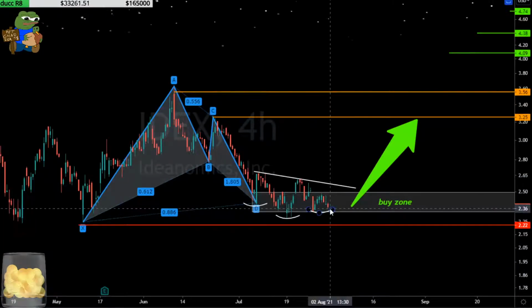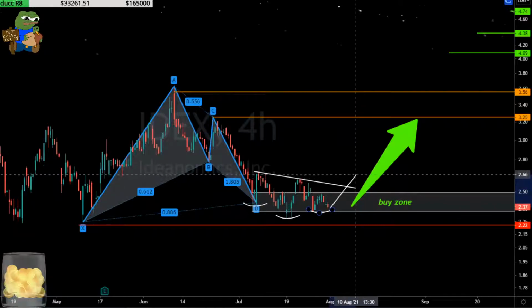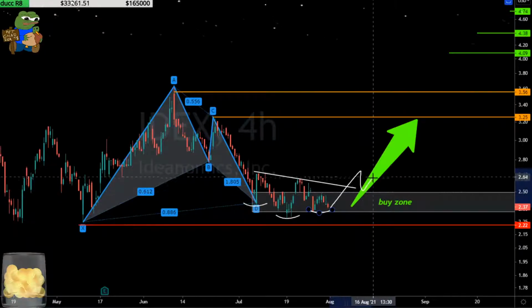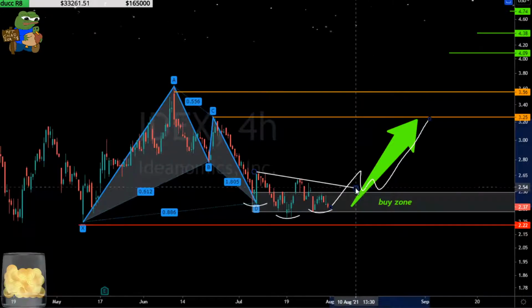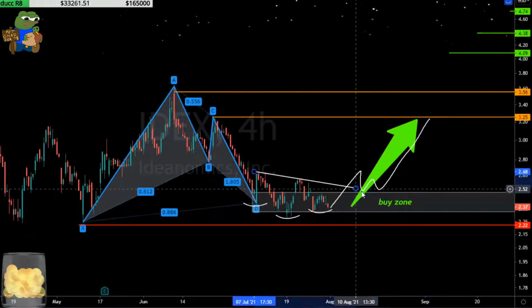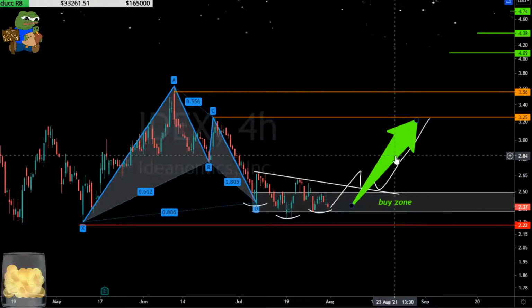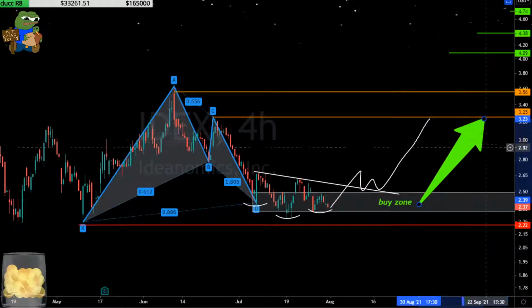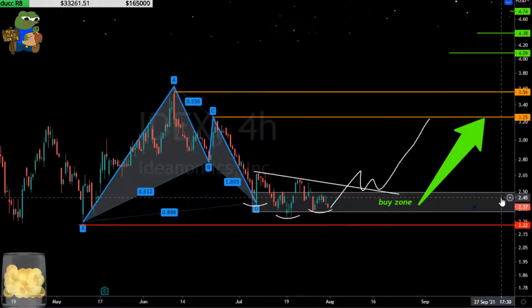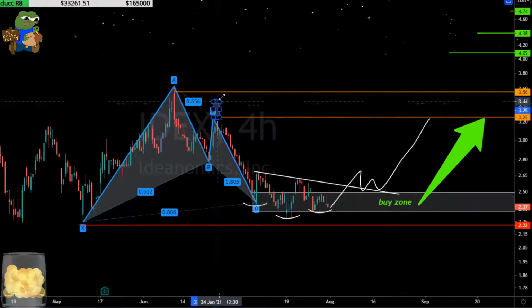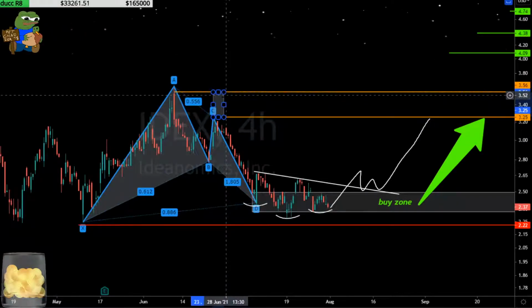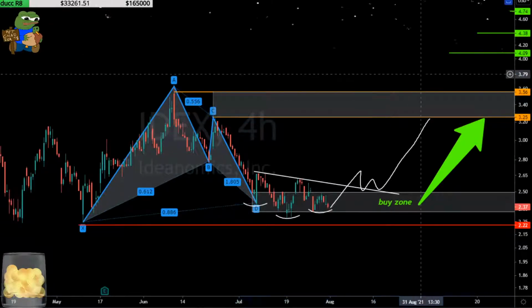So ideally from here we want to see a rally, a back test, and a go of this potential slanted inverse head and shoulders. See at 3 1/4, then 356. So here's your initial next area of interest.